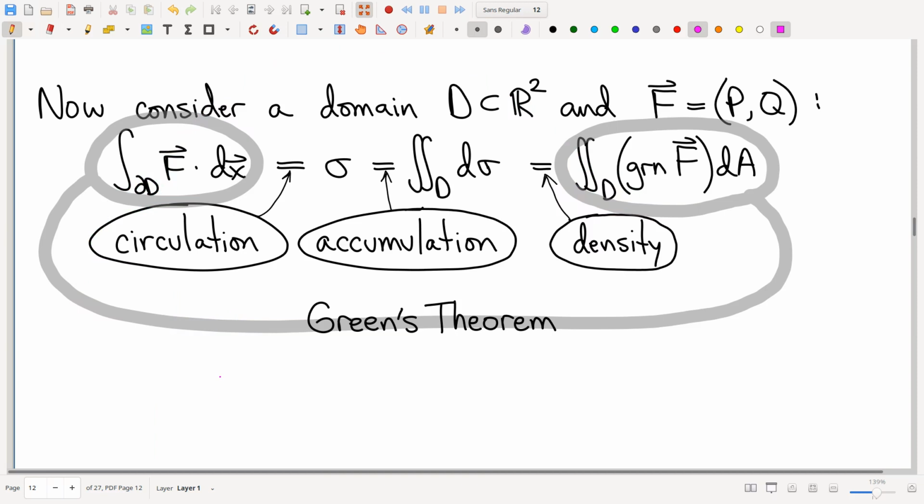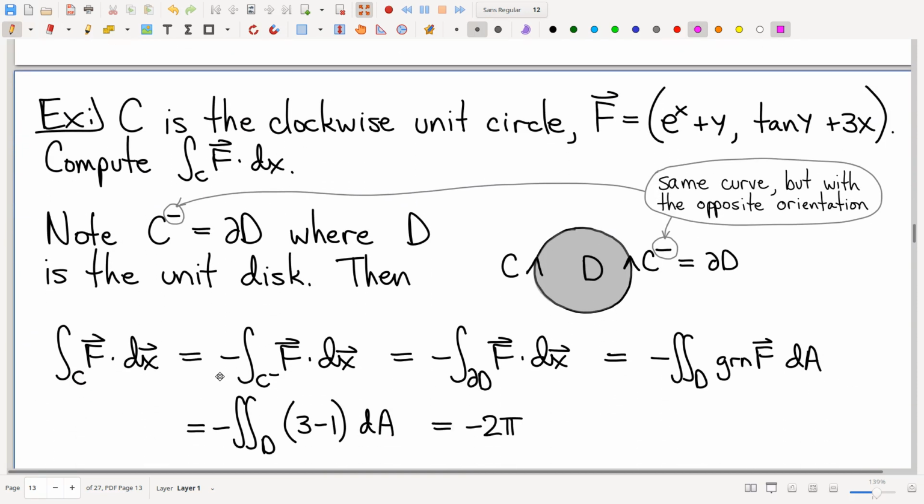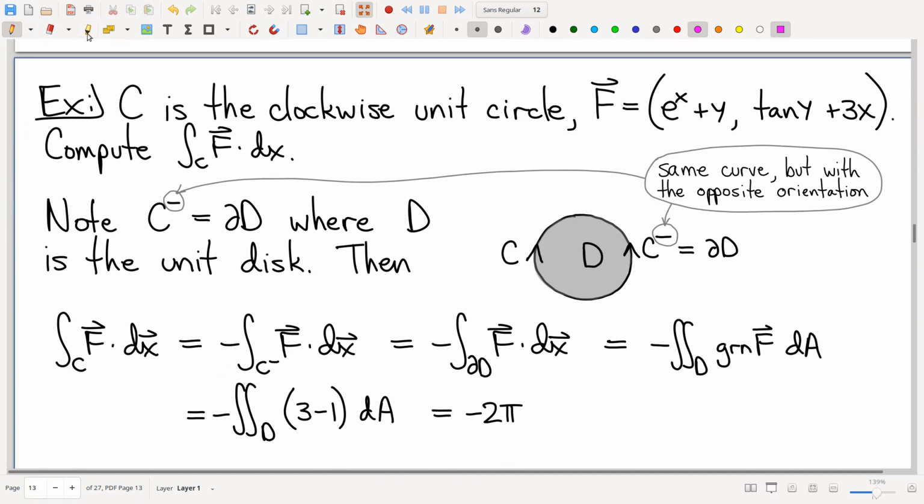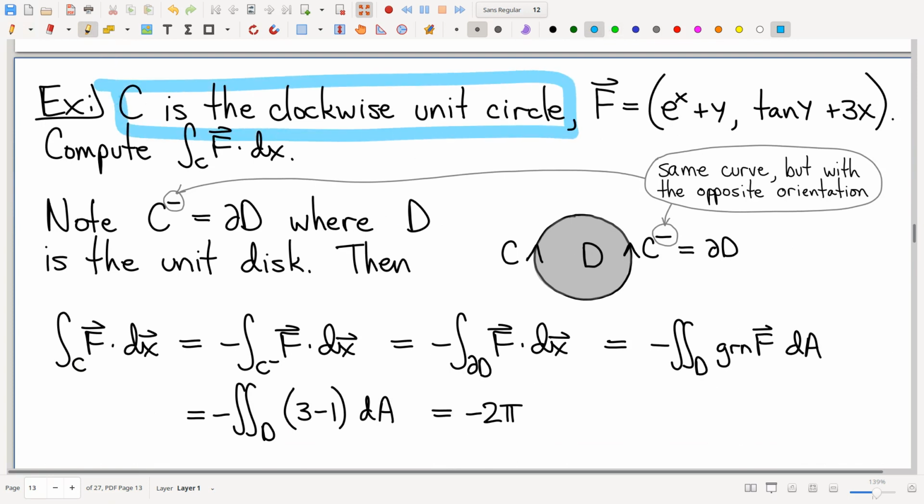Let's look at the question and ask ourselves, is our curve a boundary? And let's be careful about this. There it is, clockwise oriented unit circle. Goes all the way around, of course. I just don't want to mess up my picture, but oriented clockwise, as indicated in the statement of the question.